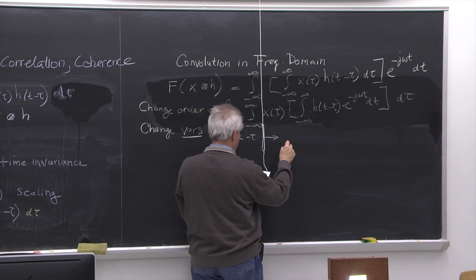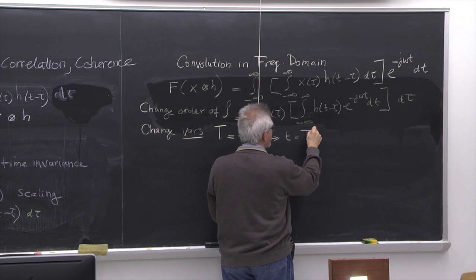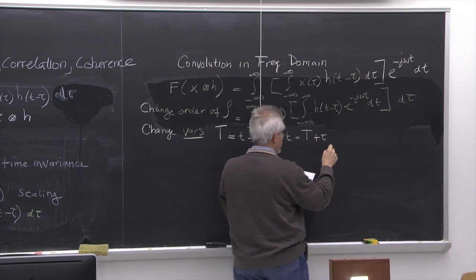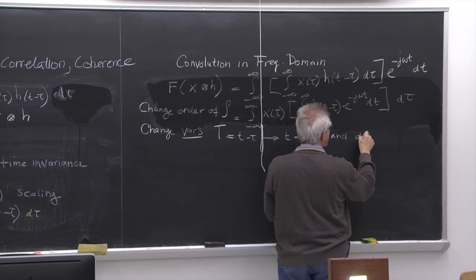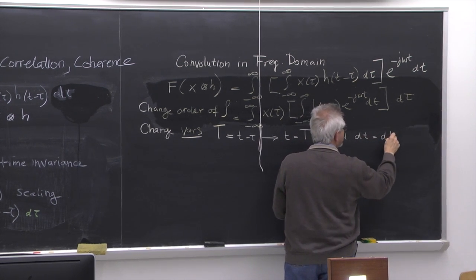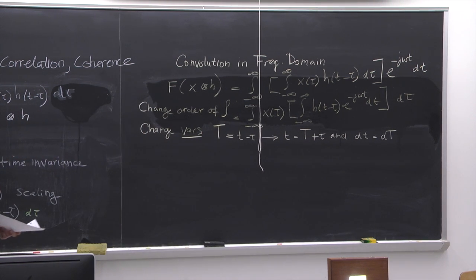Just notice that because of that, lowercase t is capital T plus tau, and dt lowercase is dT uppercase. Right? These are the consequences. And now I'm going to plug that into this expression.